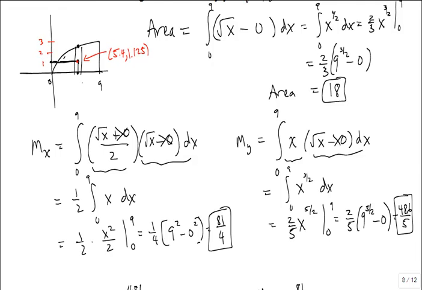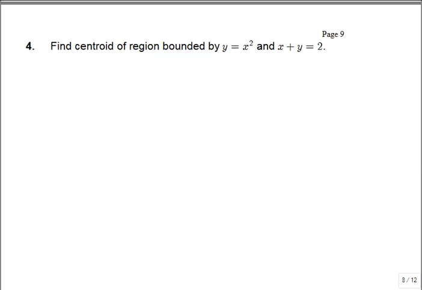Again, the formulas on these are a bit overwhelming, so it just takes some practice knowing how to use them. But after you know how to set them up, the actual calculus involved is pretty straightforward. But you have to know what goes where. Okay, so here we want to find the centroid of a region bounded by y equals x squared and x plus y is equal to 2.